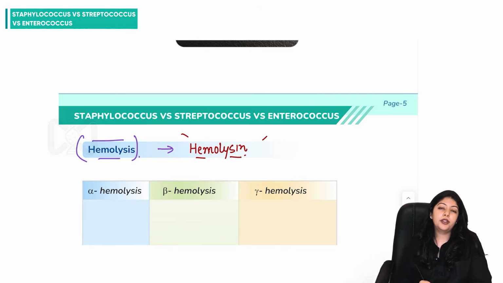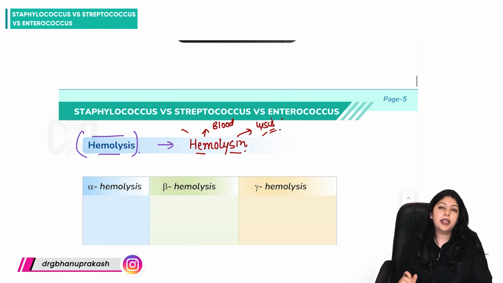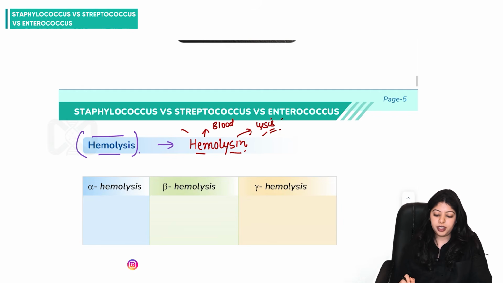And what do we understand by hemolysin? Hem stands for blood, and lysin, of course, naturally comes down to lysis, breakdown of blood, right?